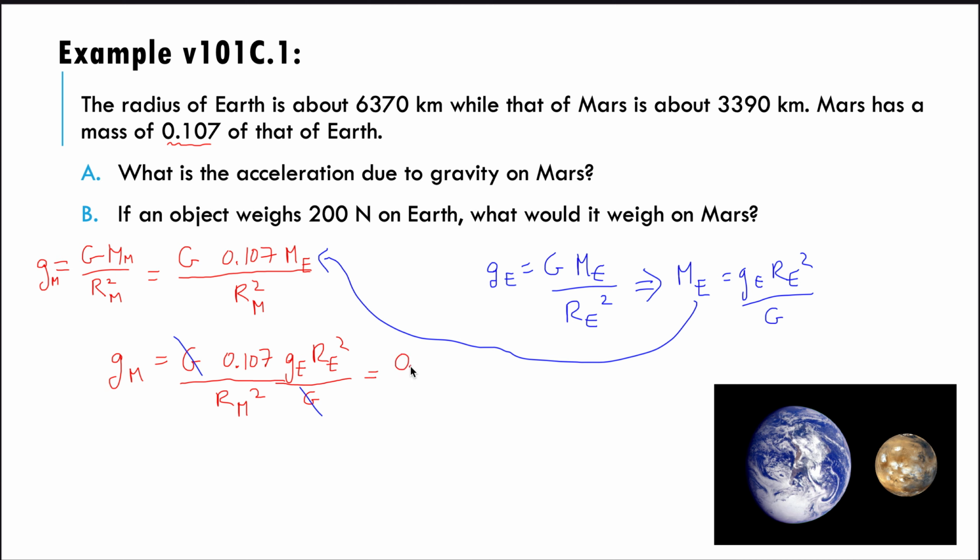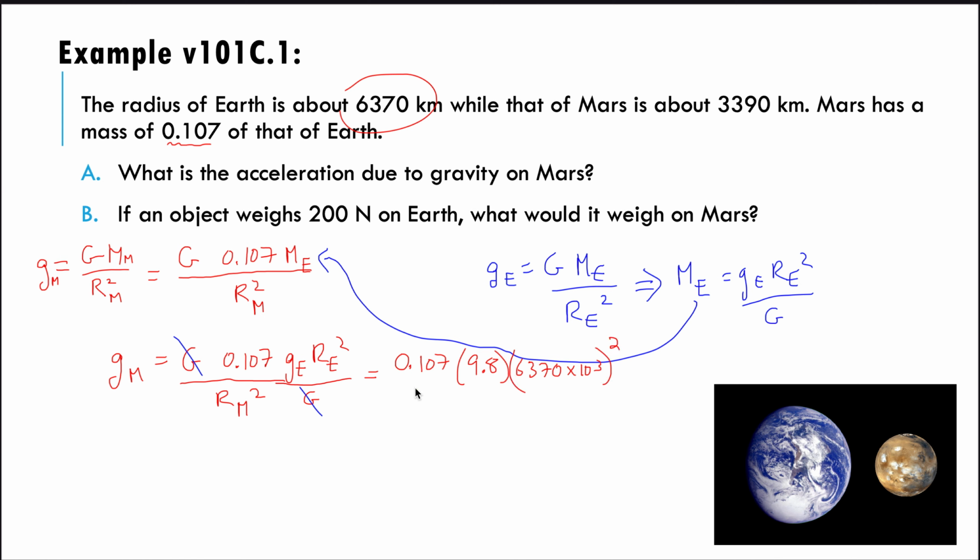We're going to have 0.107, g on Earth is 9.8 meters per second squared, radius of Earth squared, we're going to plug in this number right here, 6,370 times 10 to the 3 meters, right, because it's kilometers.